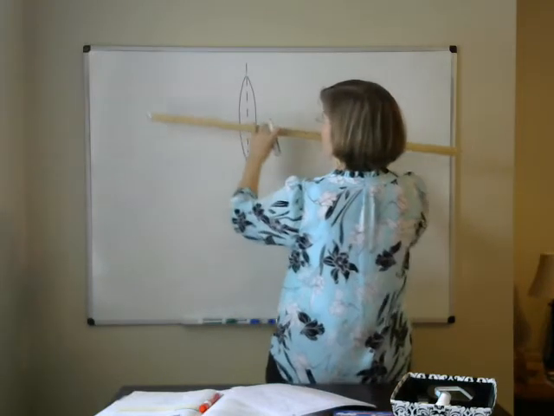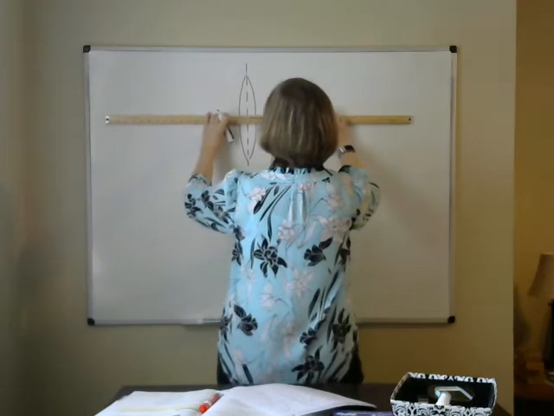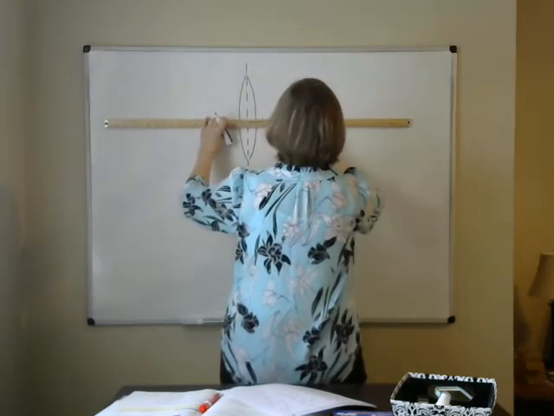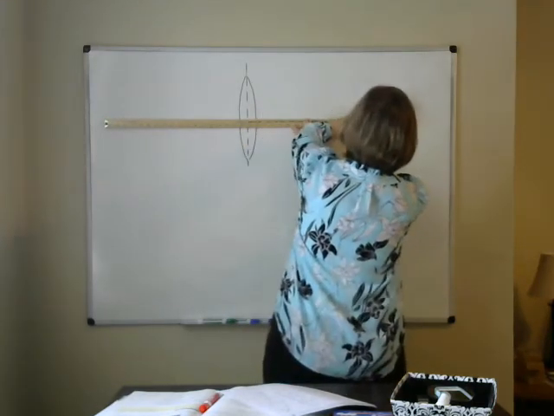So there's our lens. And here's the principal axis right through the middle.